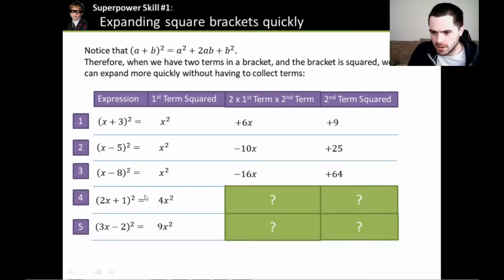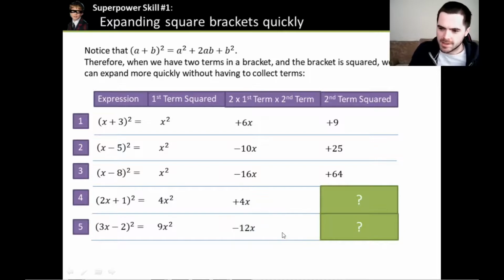So we need to double, the same as we did in here, x times −8, that's −8x, double it. So in here, 2x times 1, that's 2x, double it. That gives us plus 4x. 3x times negative 2, that becomes −6x, double it, −12x. And then finally in the end we can square these terms. 1 squared is 1, and −2 squared is positive 4.